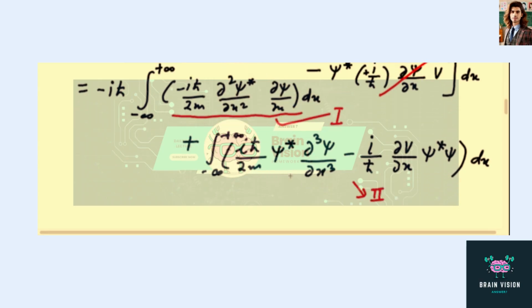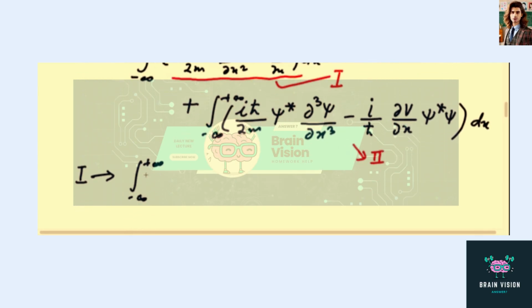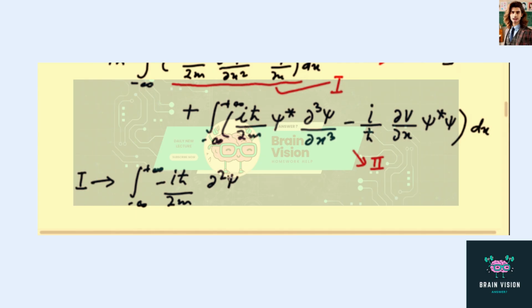Let's solve this first integration individually. First integration is minus iħ/2m ∂²ψ*/∂x² and ∂ψ/∂x dx.